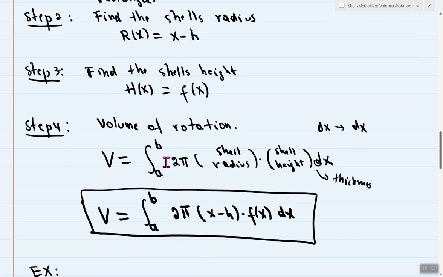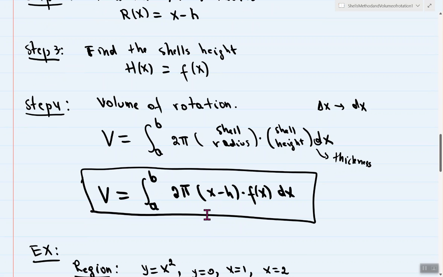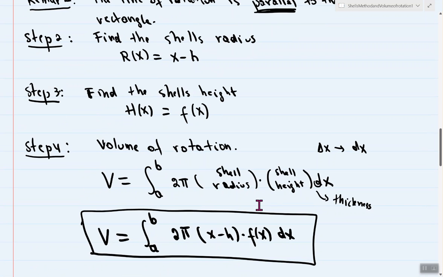So this is the more general formula for the volume of rotation using the cylindrical shells method. We replace the shell radius with the quantity x minus h, times the shell height f of x, times dx, and then take the integral from a to b of everything. That's basically the concept here, and I will stop and do the example next.